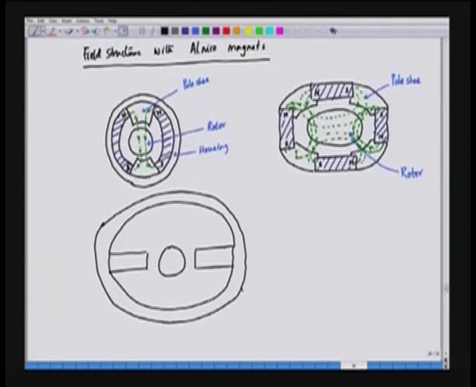So, we have in this case the north pole here and south pole here, we have south pole and north pole in this case, and what we have here, we have the pole shoes, and the pole shoes are made up of soft iron. So, this is the magnet we have.